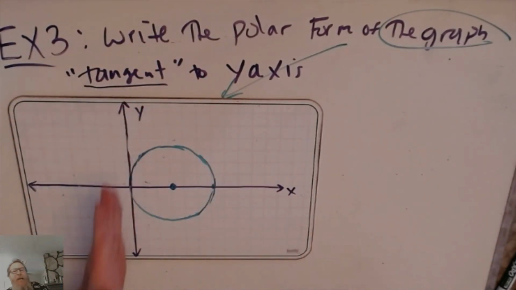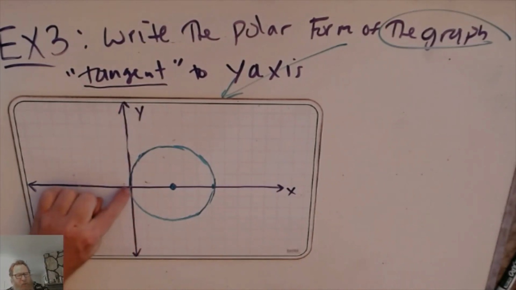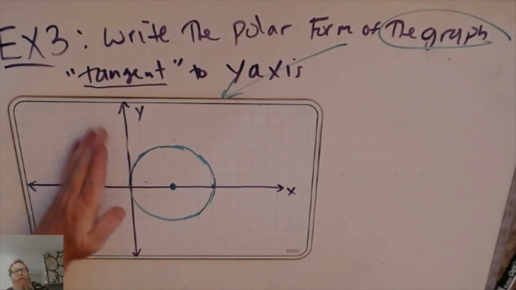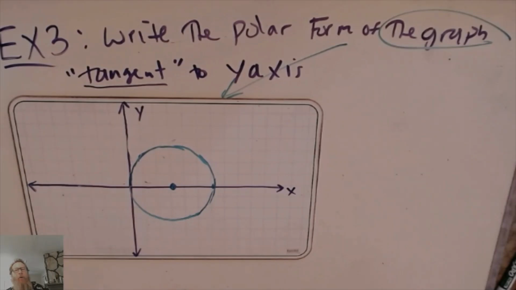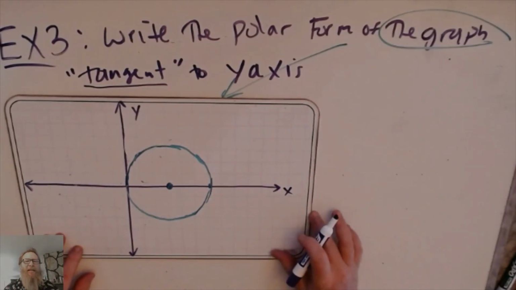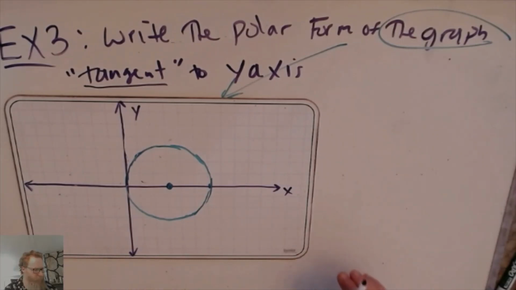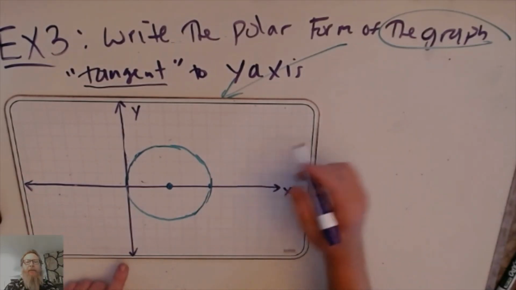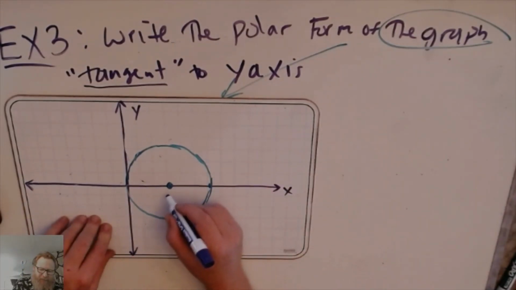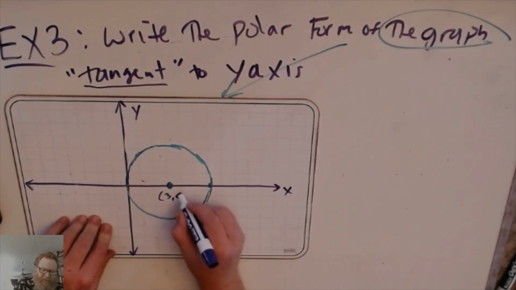We mean tangential, which means the circle is touching the y-axis at exactly one point. It's a different definition of the word tangent. Okay, so this time my center is 3, 0.